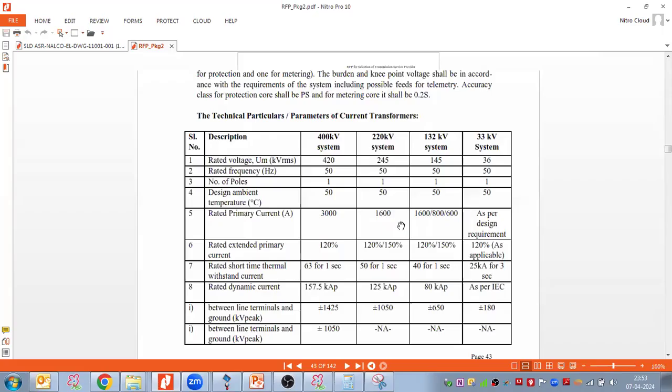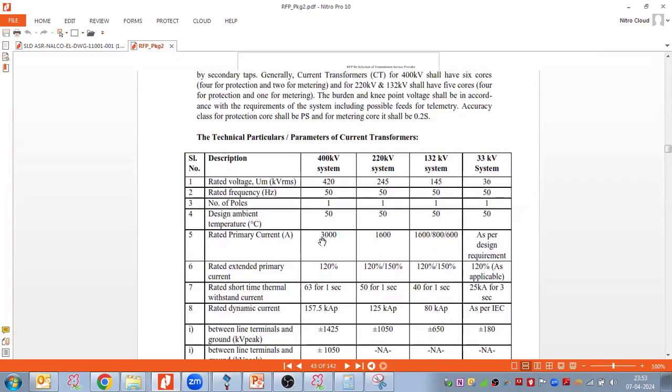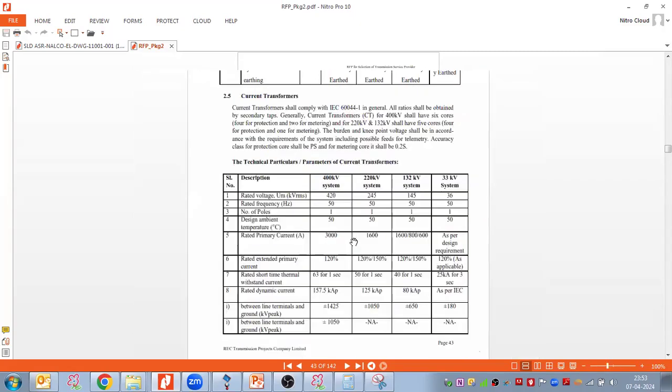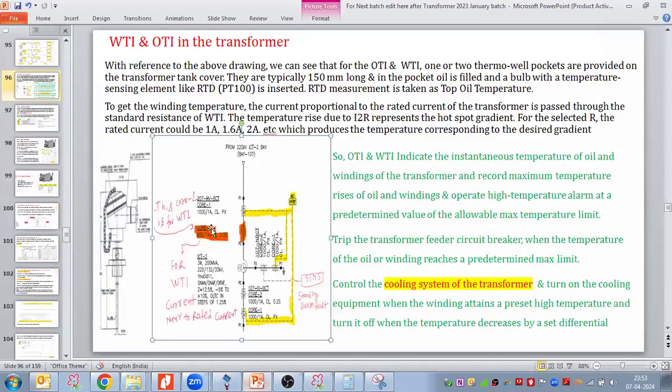If you see here, what they have written: 220/1600 to 132 kV/16800. So as per the technical specifications, now I have to check what is the technical specification of that project. As per that we have selected. Okay, sir. But here the manufacturer will select this, and when we are making the SLD and indicating that CT, it should be near the transformer full load rating.